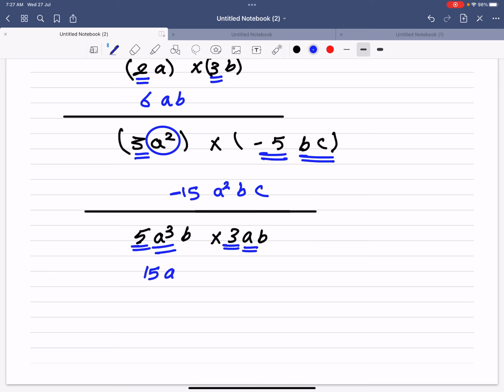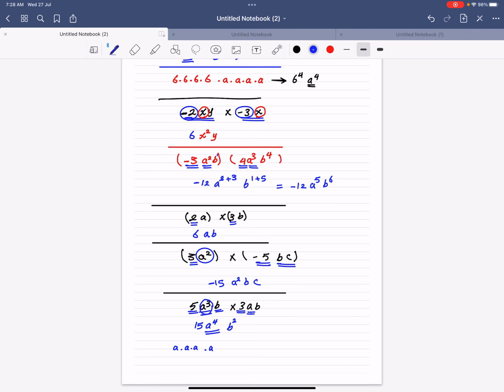So you will get a raised to the power 4, because if you try to break it down, you will find a power 3 is a repeated 3 times, times a, so that is 4 times, so it will be a raised to the fourth power. Okay, what about b? How many b's do we have right over there? We have double b, I mean b raised to the power 2. Very simple and clear, very easy with no problem at all. So you ended up with 15a to the power 4, b to the power 2.